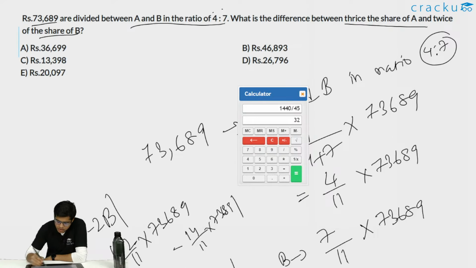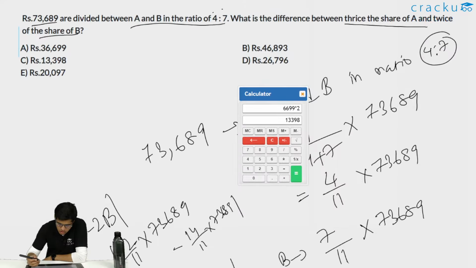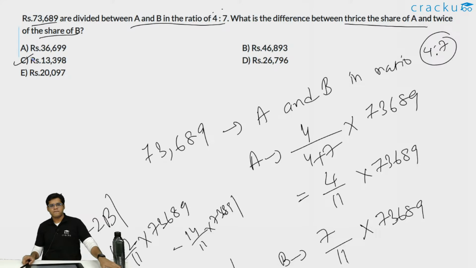So basically it will be 73689 divided by 11, multiplied by 2. So the answer is rupees 13398. So the correct answer is option C, rupees 13398. Right, guys? Let me see the chat.